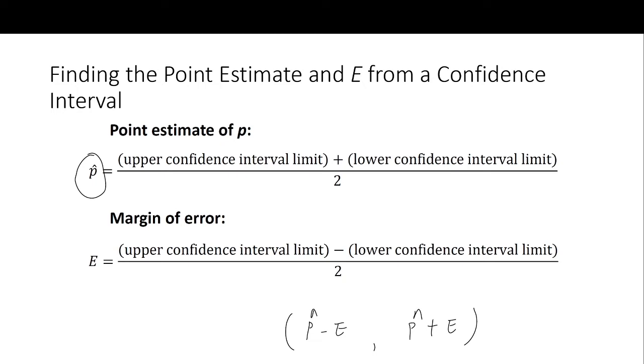To find the sample estimate, it's the upper confidence limit plus the lower confidence limit divided by 2. That gives you the sample proportion. For the margin of error, if you subtract the lower from the upper, that will be 2 times the margin of error. So the margin of error is the upper confidence limit minus the lower confidence limit divided by 2.